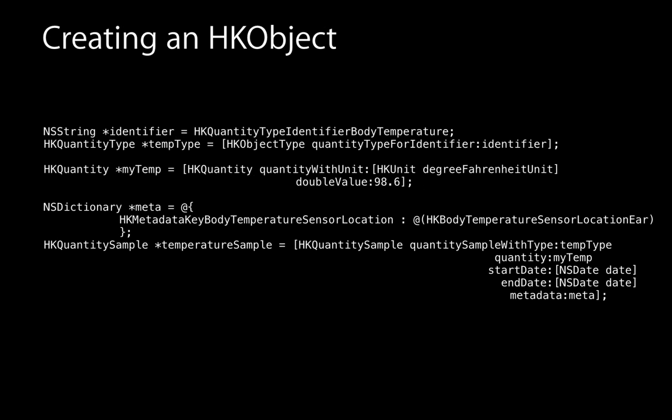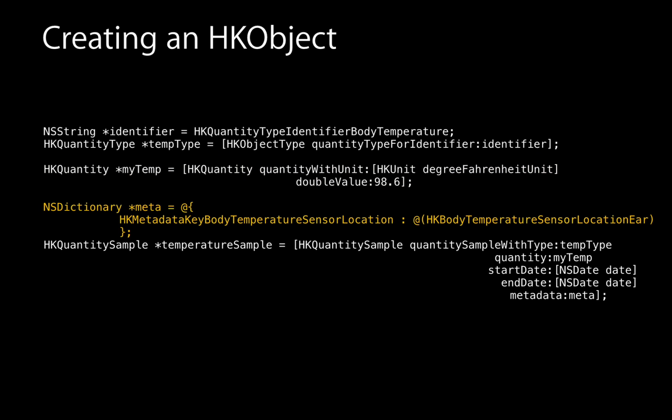This is an example of how you might create an object to represent someone's body temperature. First, we create our quantity type, which in this case is the quantity type for body temperature. Next, we create our quantity. Let's say this person's feeling pretty healthy today, so their temperature is 98.6 degrees Fahrenheit.